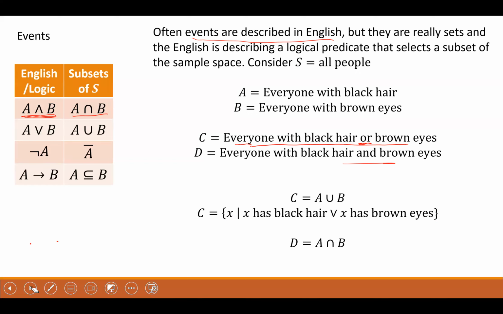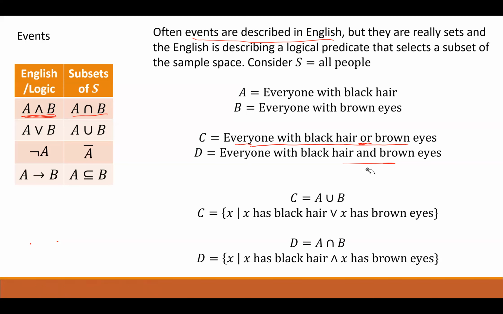And if I take D, I can express D as A intersect B, that is everyone who has black hair and brown eyes. Or I can write it using my set builder notation again. So it's all elements X such that X has black hair and X has brown eyes, right? So this is the logical AND.